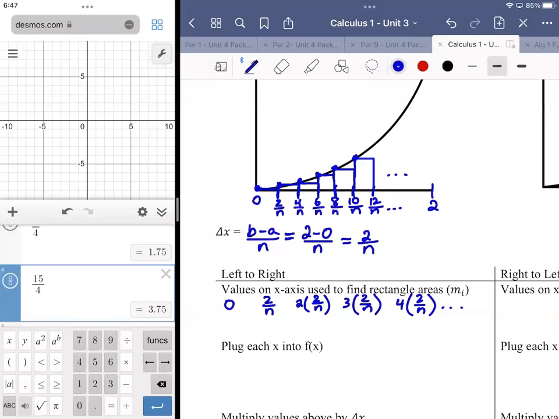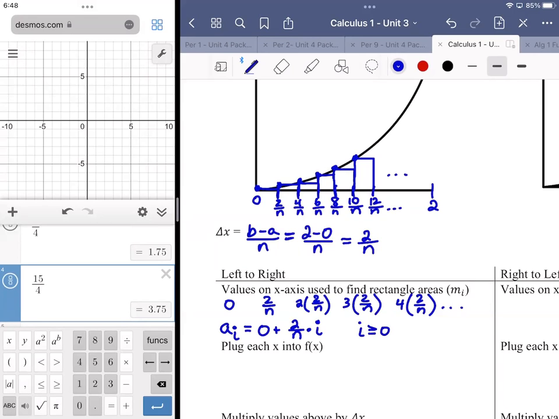But if I want to generalize the rule, I would say a sub i is equal to 0 plus 2 over n times i. All right, where i starts off at 0 and increases without restriction. So i has to be greater than or equal to 0.